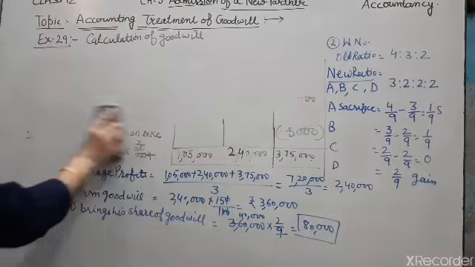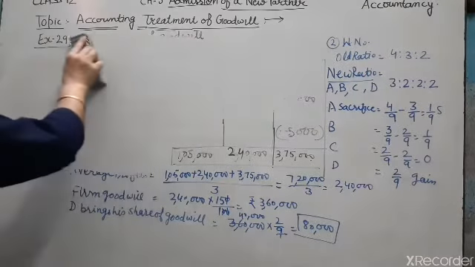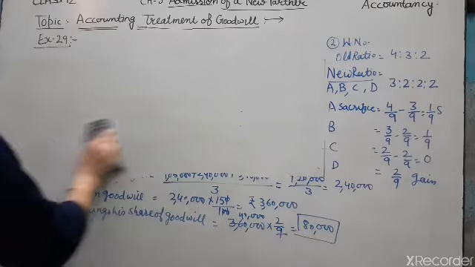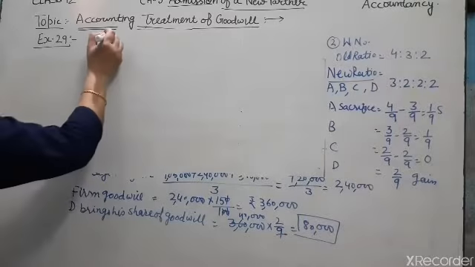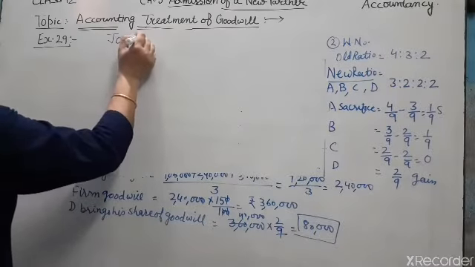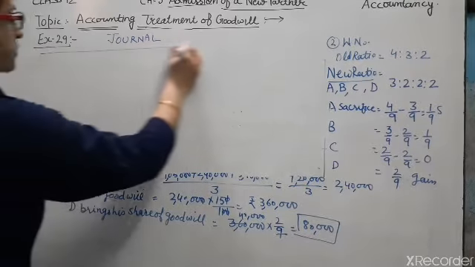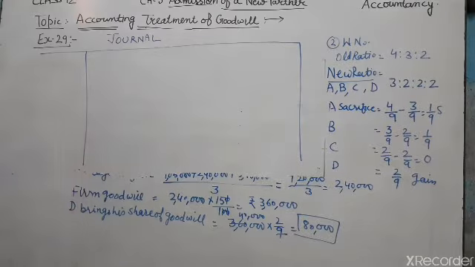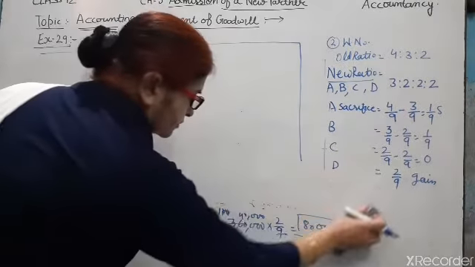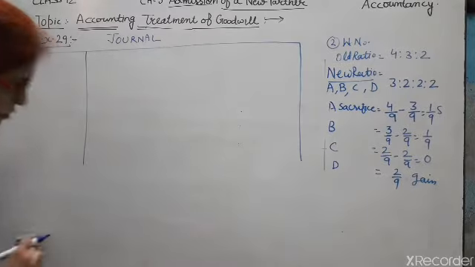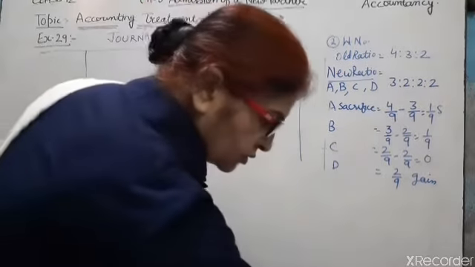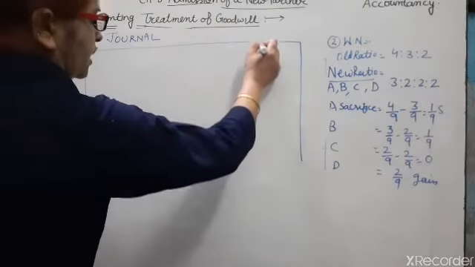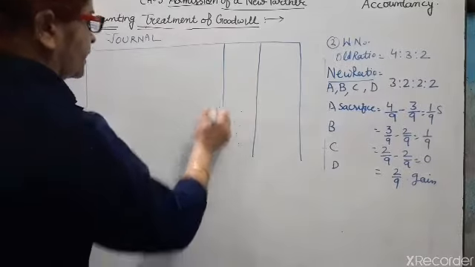And at the time of admission of a new partner, we do the journal entry. In this question, the date is not mentioned, so we don't write the date in the date column.